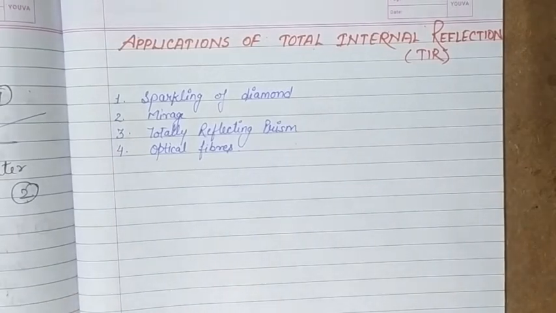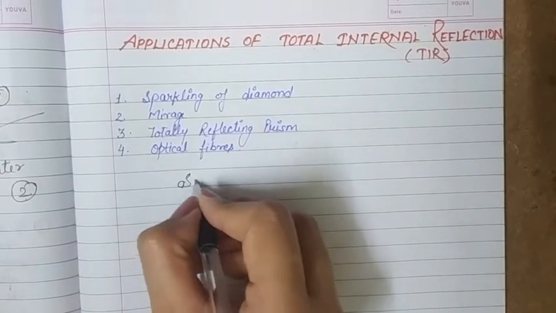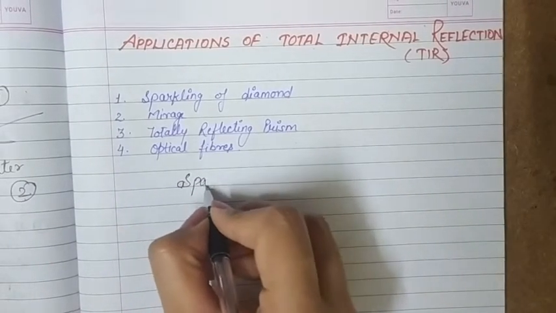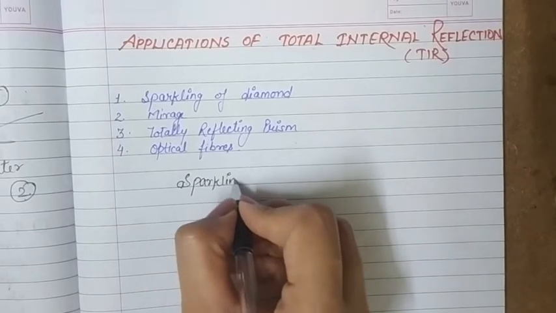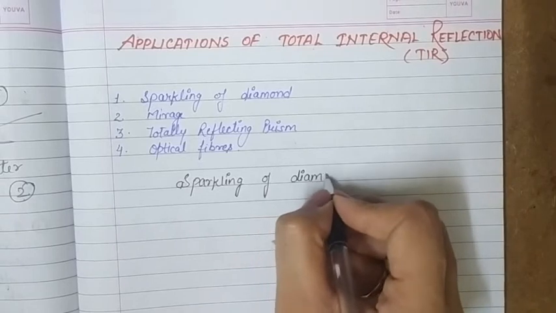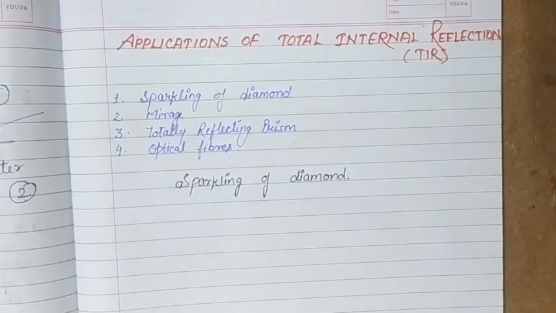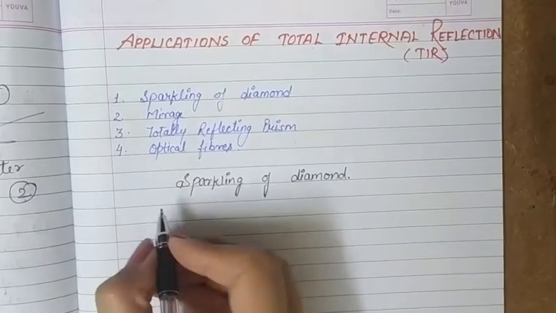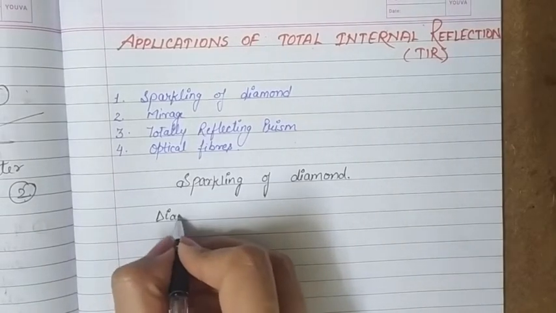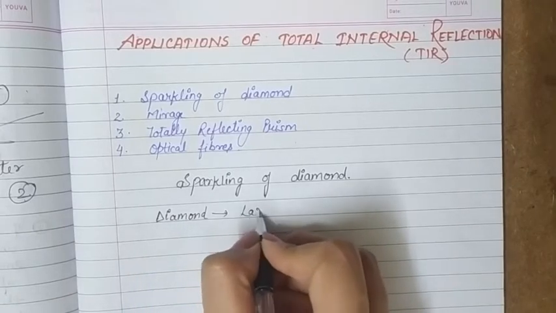First, I am starting with the sparkling of diamond, which happens because of the phenomenon of TIR. Diamond is an allotrope of carbon, and it has a very large refractive index.